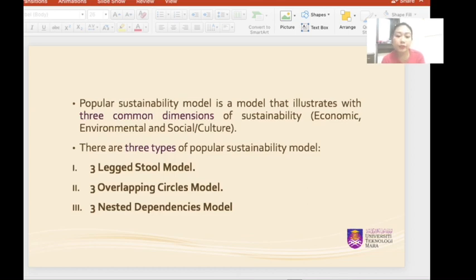There are three types of popular sustainability model: the first one, the three-leg stool model, followed by the three overlapping circles model, and then the three nested dependencies model. Remember, yeah? Leg stool model, overlapping circles model, and also nested dependencies model, which are all related to three dimensions: economy, environment, and also social.